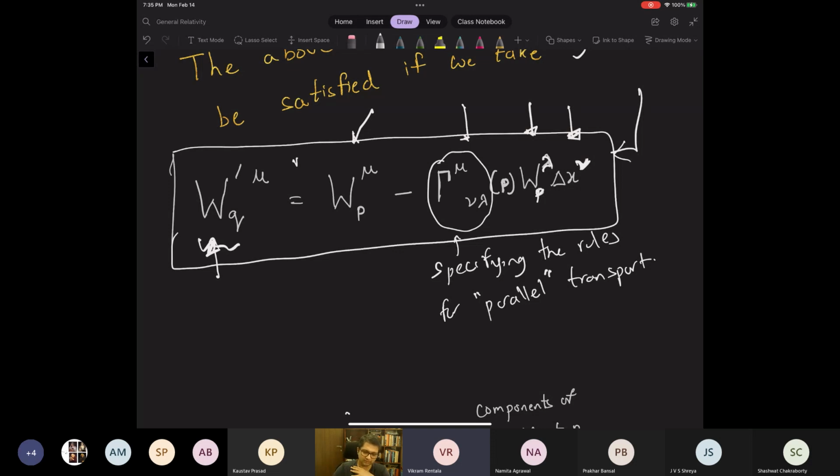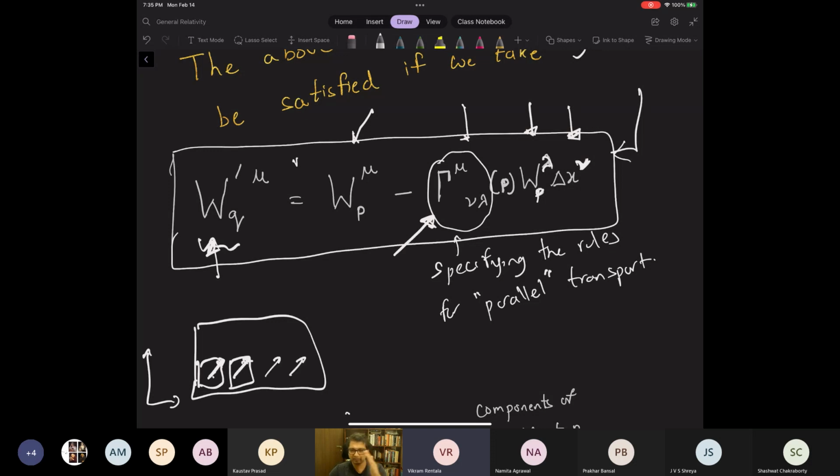Roughly speaking, on a plane, once we impose a metric that gives us a unique choice of these coefficients, parallel transport will translate to moving a vector such that, even though you can think of the tangent space at every point as being different, it comes to our usual notion. If I have Cartesian coordinates, parallel transport will mean really just keeping the vector parallel to itself as I move it to a different point.